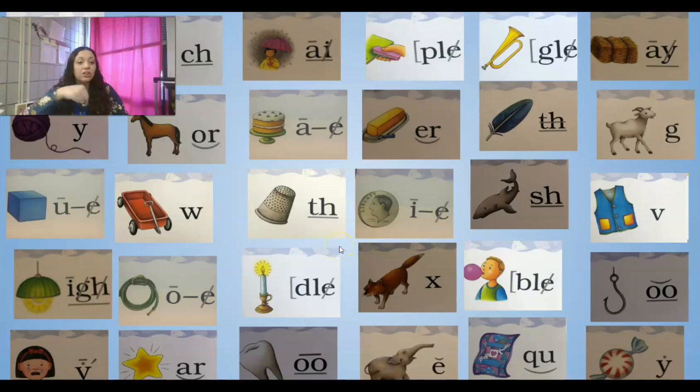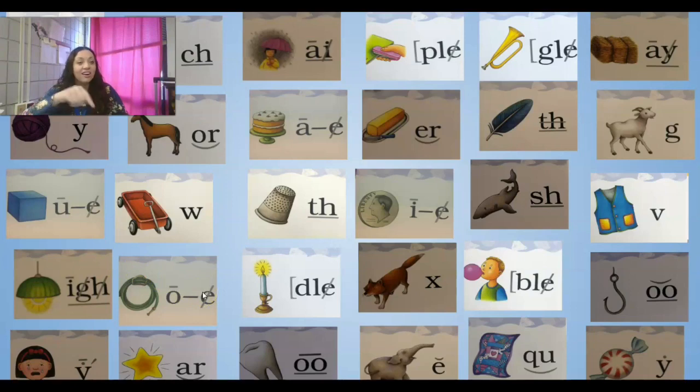Candle, dull. Final syllable DLE. Fox, X. Bubble, bull. Final syllable BLE. Hook, digraph OO, very good. Cry, I. Why, Y, very good.